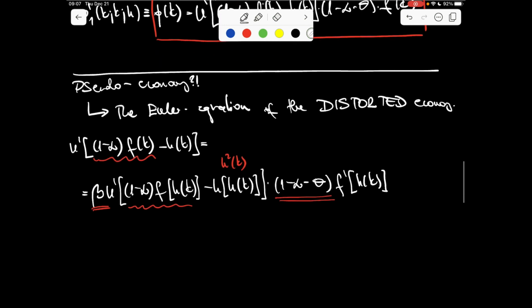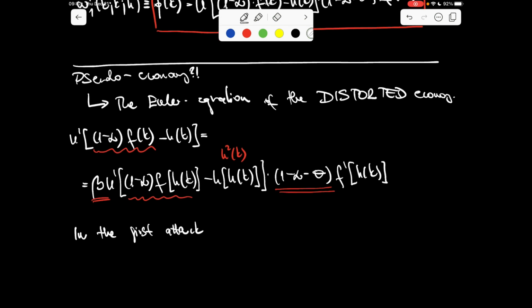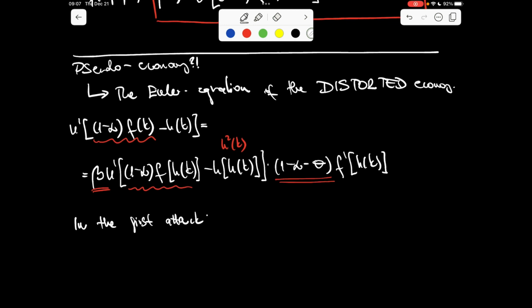So in the first attack, okay, there is going to be a second attack. So what I'm showing you is not the final solution. This is just a step, a phase in finding the solution.